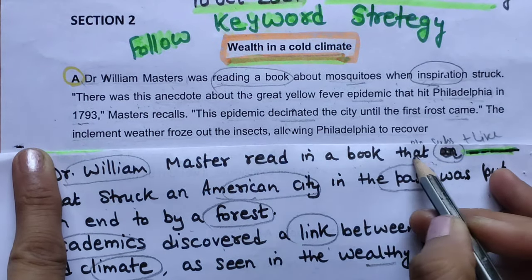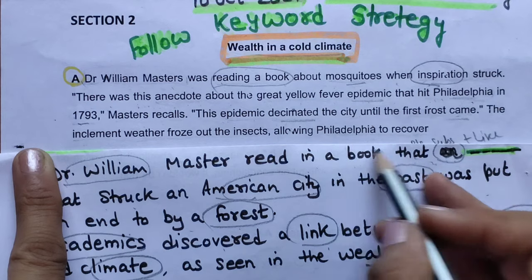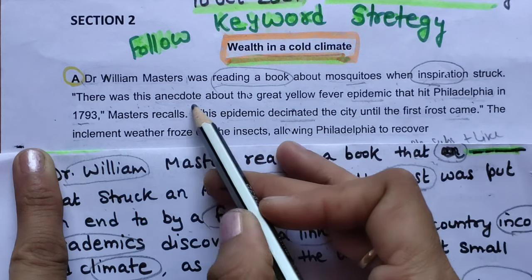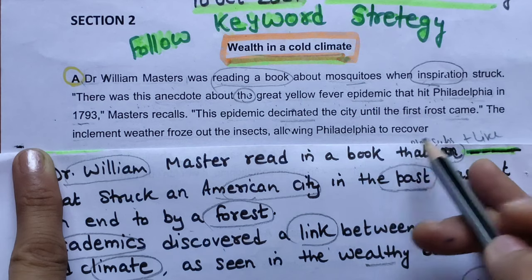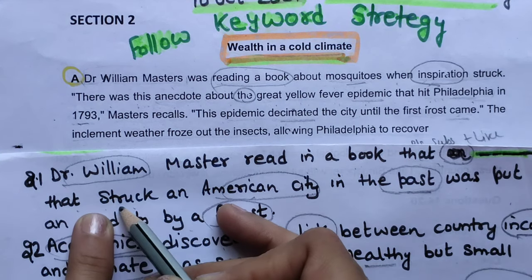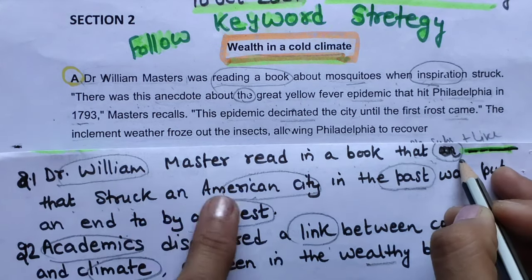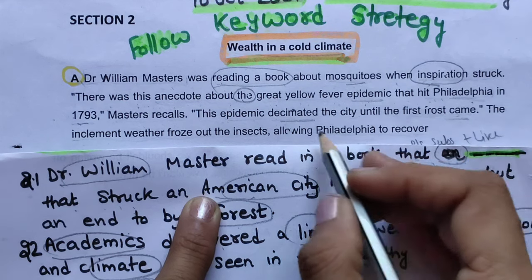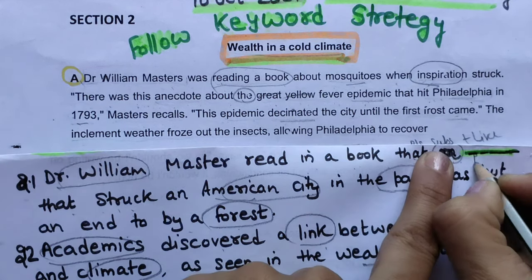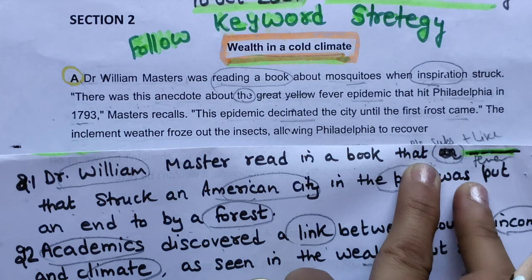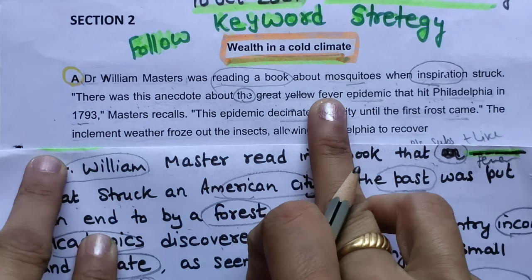The article is also there: the great yellow fever epidemic that hit, that struck. This sentence structure is there. It means one word we have to write here. We can cut it: fever. And if it was two words, then yellow fever will come here.